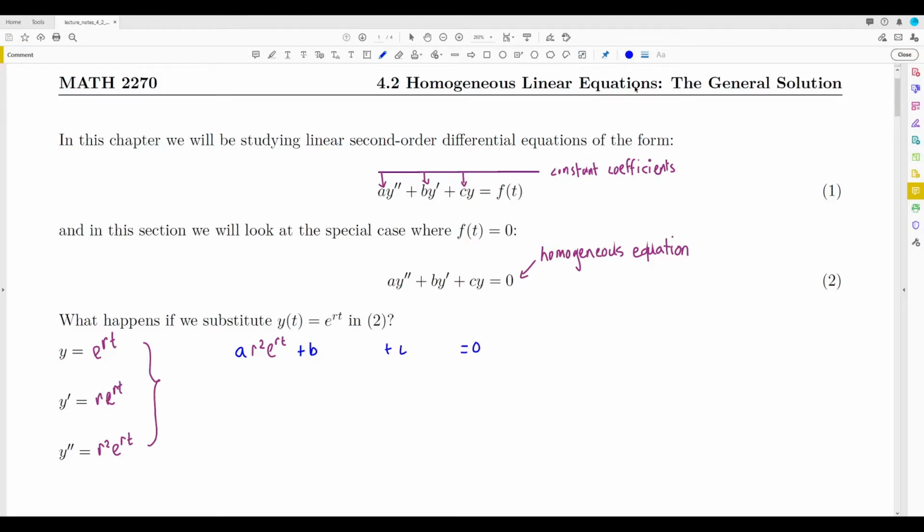And now let's plug in y prime and y. So we have b times r e to the power rt, and then plus c times e to the power rt.